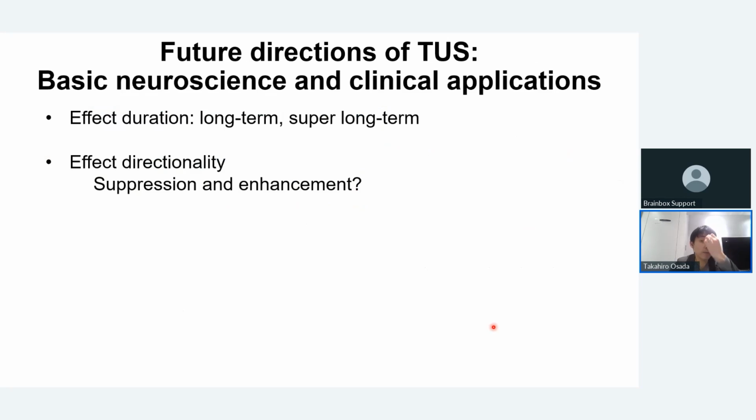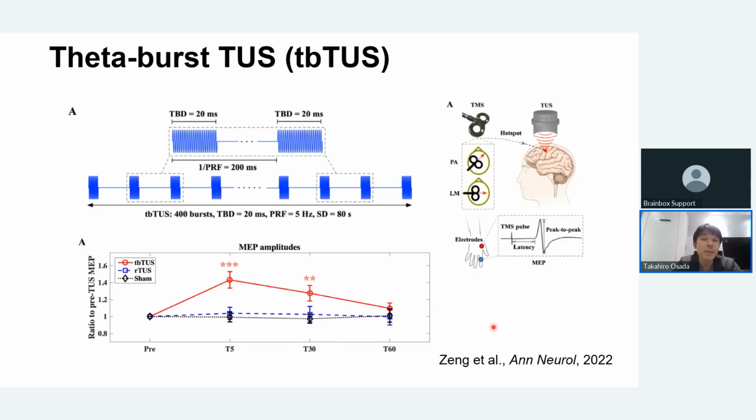Next, I'd like to discuss the directionality of TUS effects. In this talk, I primarily focused on the suppression effect of TUS. Recently, several labs reported alternative stimulation protocols for achieving offline effects, particularly enhancement effects.